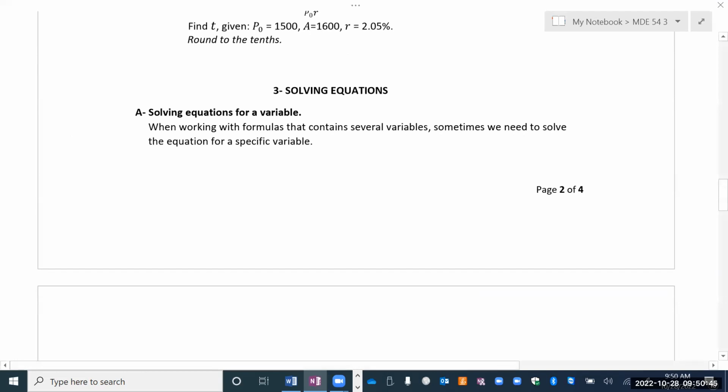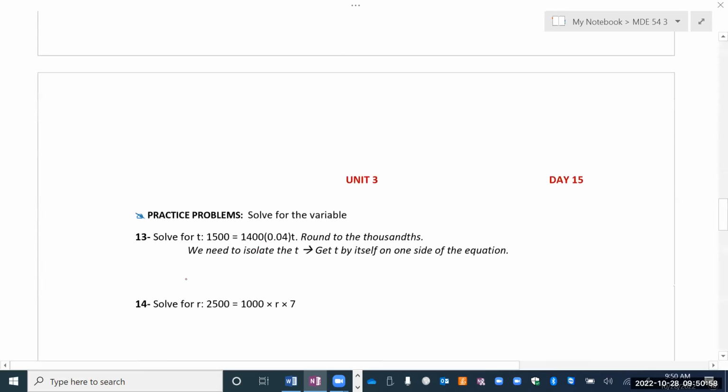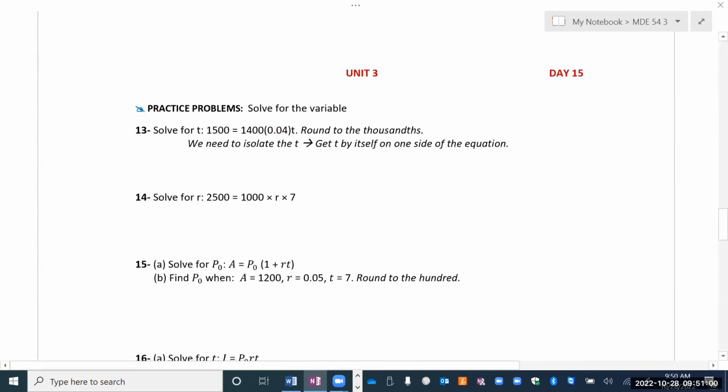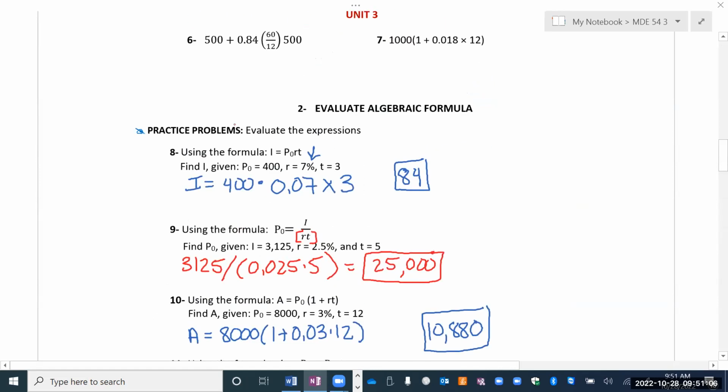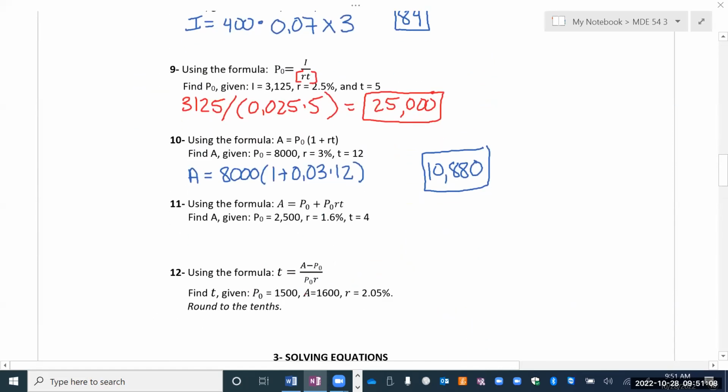Now then, the next part of these notes, you're solving equations for a variable. So now we're going to actually jump into the full piece, which is where you would have solve for T, but T is not directly given. We have to algebraically solve for it. So in 8 through 12, you were told T equals, you were told A equals.